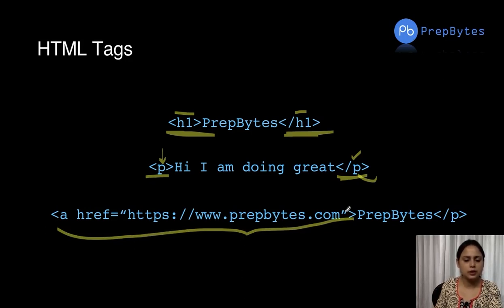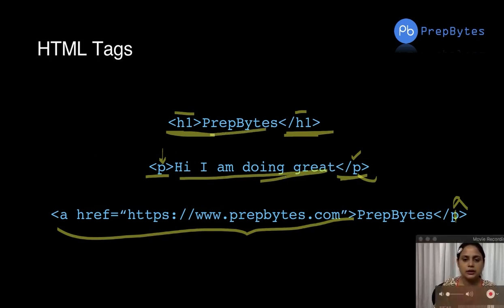We will see what those are. Here again we have an opening tag, this was supposed to be A, my bad, and we have a closing tag. Whatever content is in between will be rendered on the browser as it is, depending upon which tag it is inside. So this is the content that you put inside.